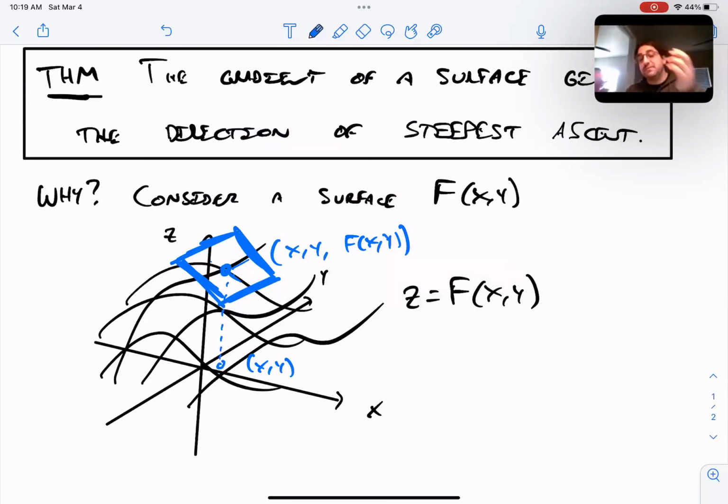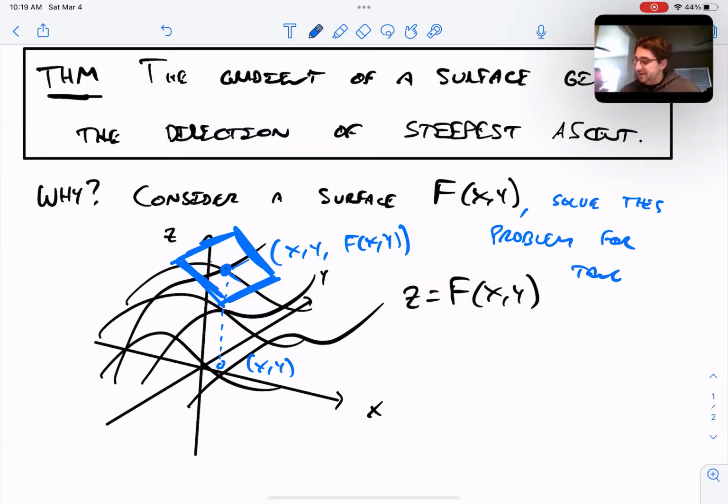The direction of steepest descent for the tangent plane will be the direction of steepest descent for the surface. So that's the key idea: we'll just solve this problem for the tangent plane instead.